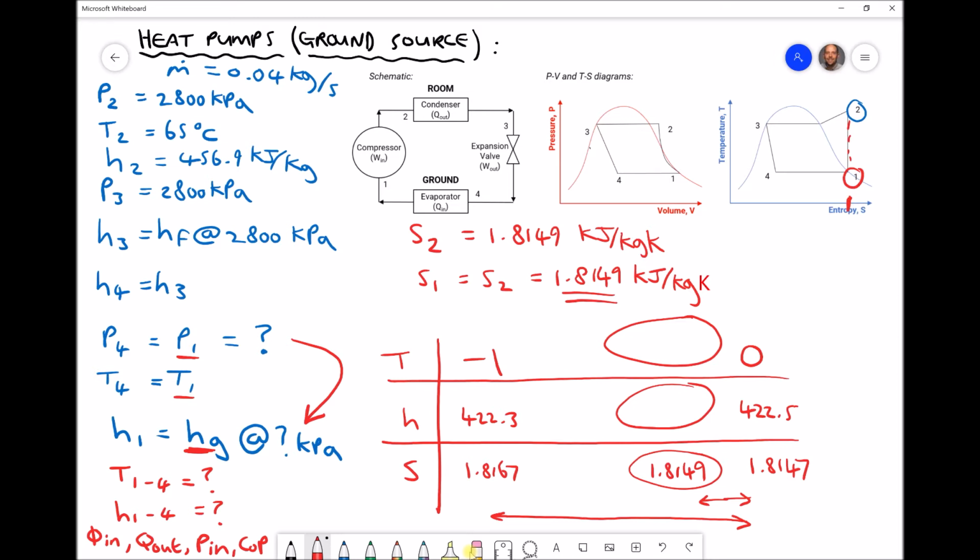Now, when we do linear interpolation, we need to quantify that difference. You'll notice that I've drawn two small arrows. We have an arrow which represents the linear distance between 1.8149 and 1.8147, and an arrow which represents the total distance.